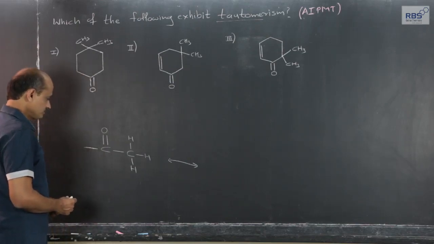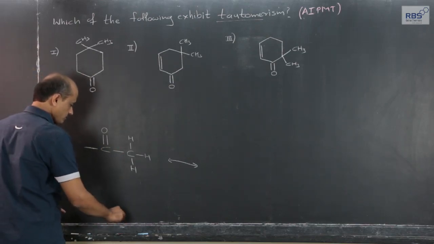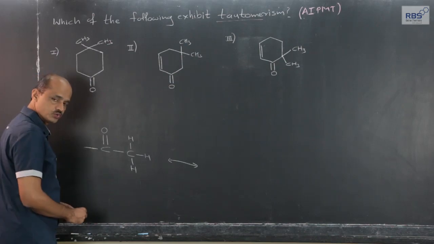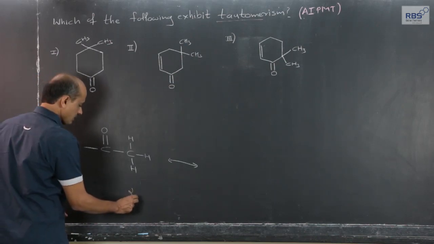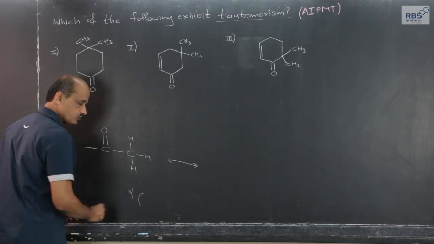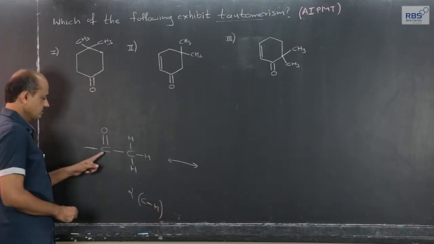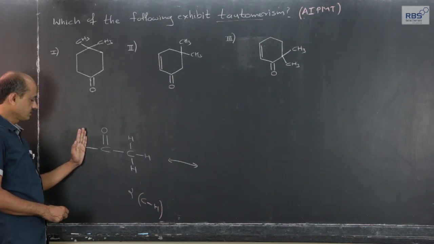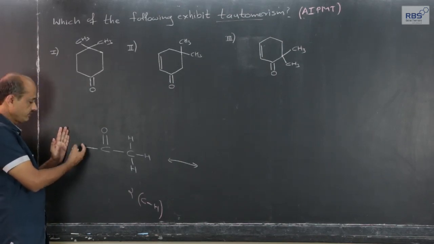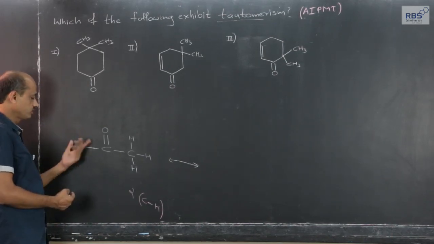The requirement is the presence of at least one alpha hydrogen atom, meaning an alpha CH bond. It can be an aldehyde, it can be a ketone.